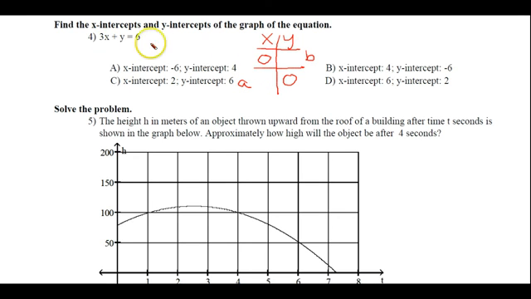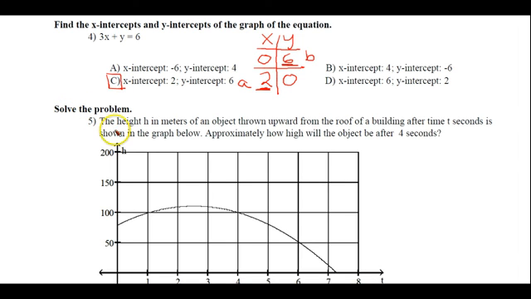So the equation is here. If x is 0, y is 6. If y is 0, we're going to divide both sides by 3. This is 2. So, and again, all they're interested in is this and this, not in its formal way, and that is letter C.